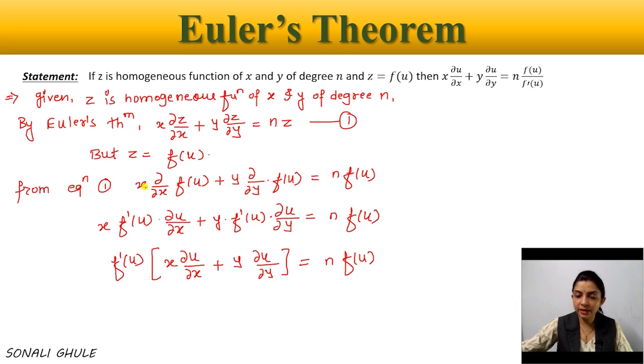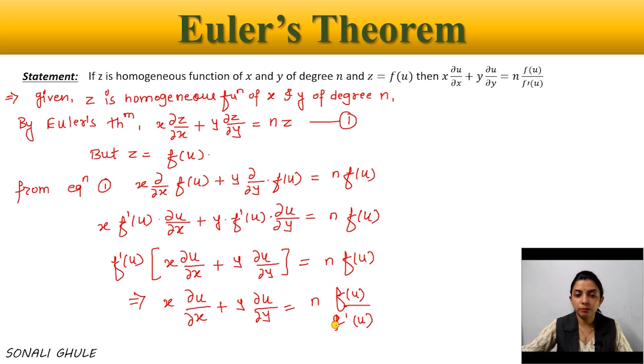So what will I get? Yes, x into dou u by dou x plus y into dou u by dou y is equal to n into f of u upon f dash of u. Okay, hence proved.